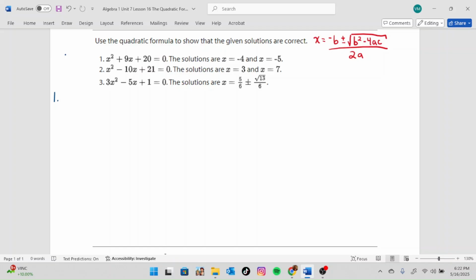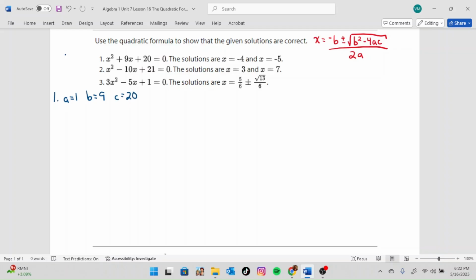Since we don't see a number, it's understood to be 1. The b term is the coefficient with the x term. So that means b equals 9. And the constant is the c term. That means the constant, or c term, equals 20.